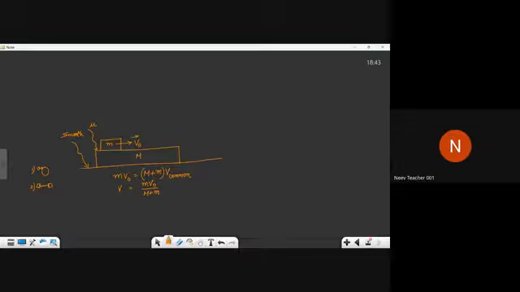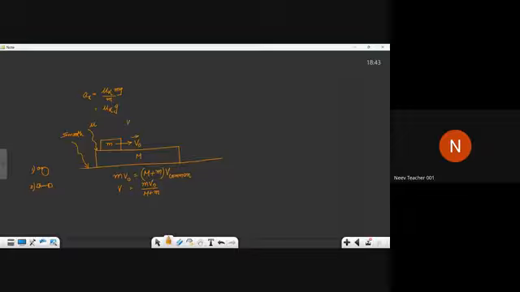Let me write it down for you. Acceleration in the x direction is mu k mg by m, which gives mu k g. As it is a constant, kinematical equations will apply.